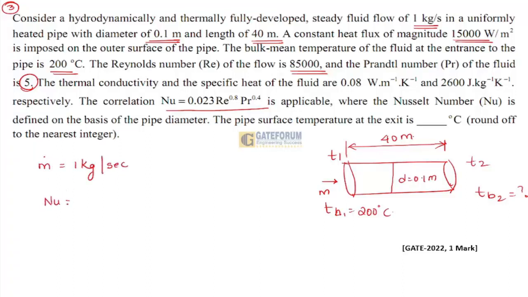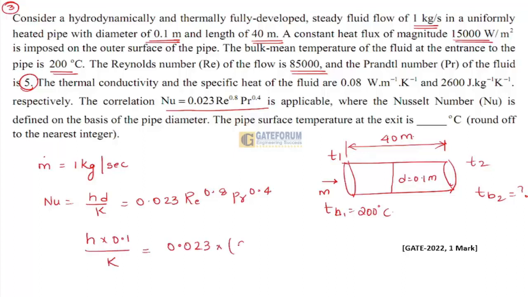Nu is equal to hd by k, which is given as 0.023 Re to the power 0.8 Pr to the power 0.4, or h into 0.1 by k is equal to 0.023 into Re, which is 85,000, to the power 0.8 into 5 to the power 0.4. Calculate this.